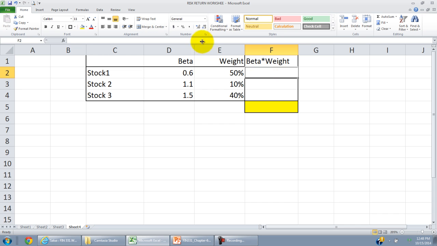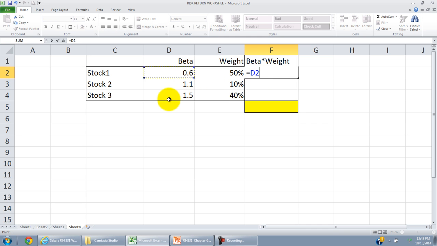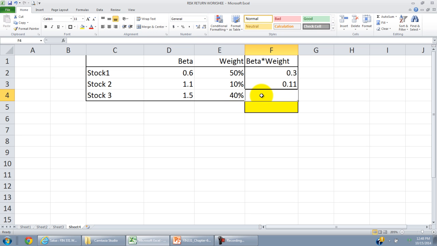You will take this column multiplied by the weight column, okay, and sum them up. So over here we have 0.6 multiplied by 50%, you have 0.3. This one equals 1.1 multiplied by 10%, it is 0.11, and finally this one equals 1.5 multiplied by 40%.